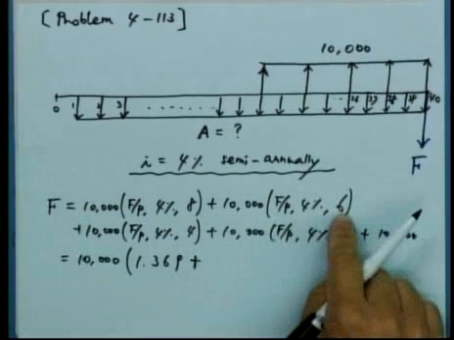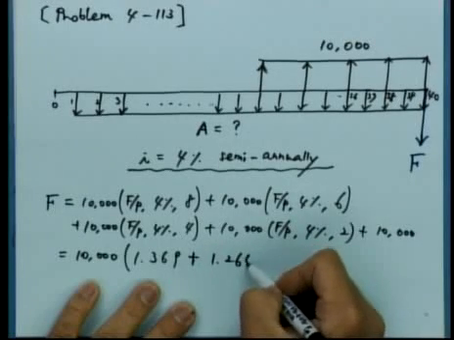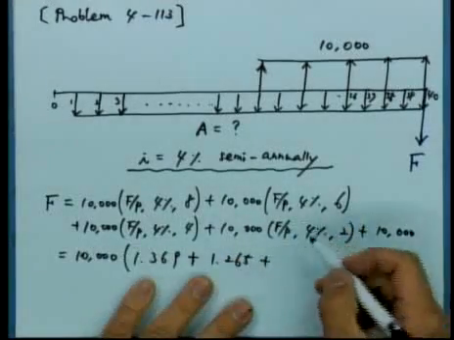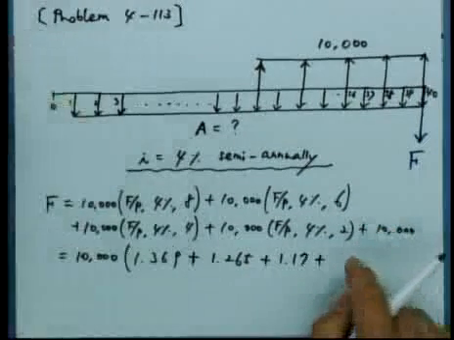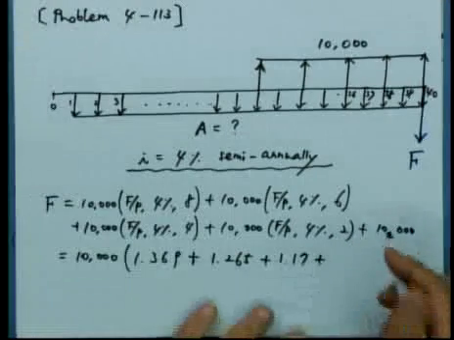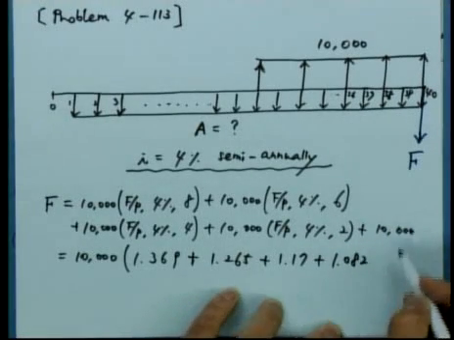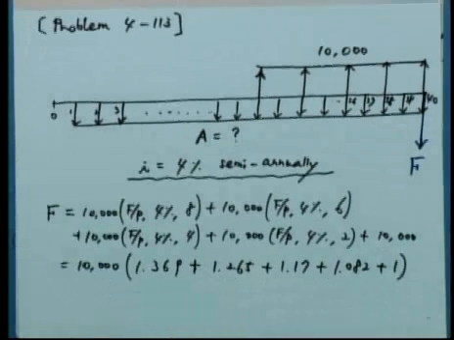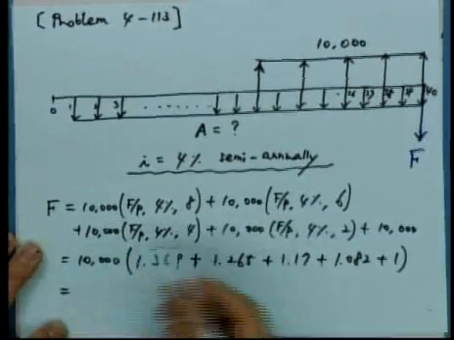Over 6 periods, 1.265. Over 4 periods, 1.170. Over 2 periods is 1.082. And don't forget the last term. It's going to be 1, right? So how much is that?